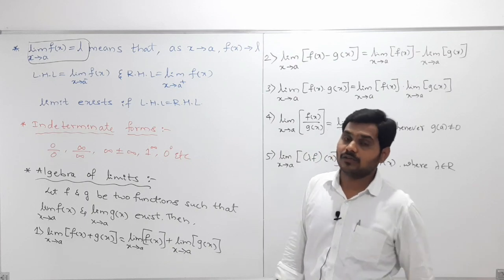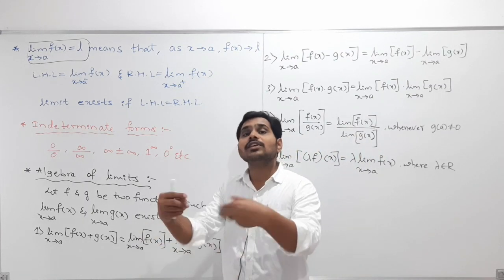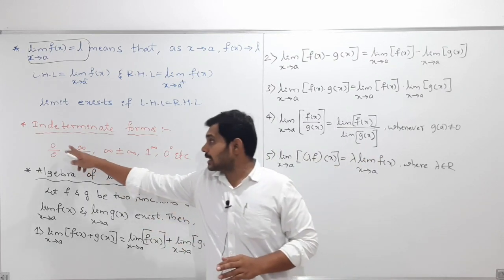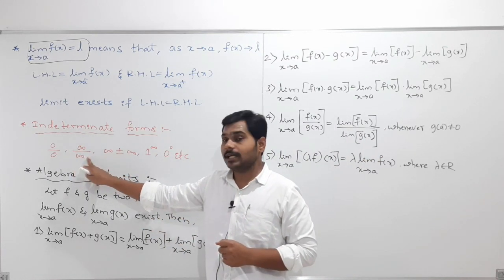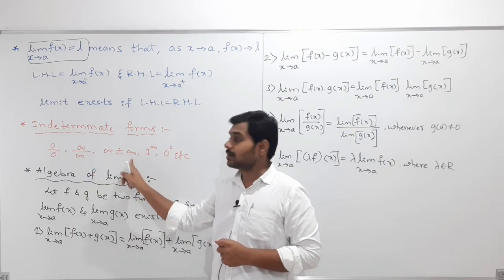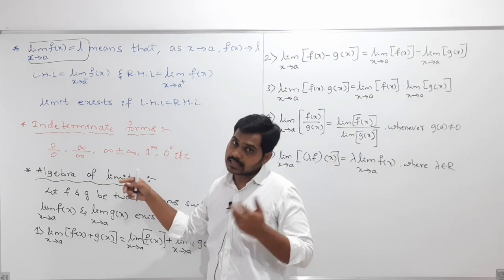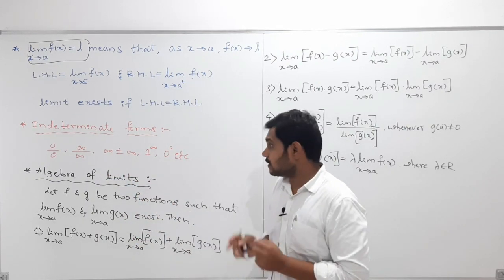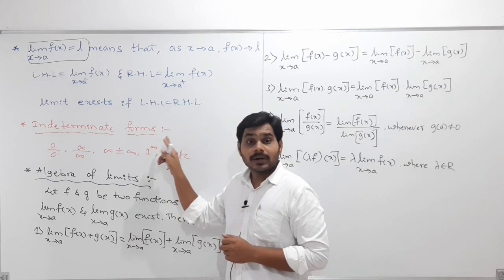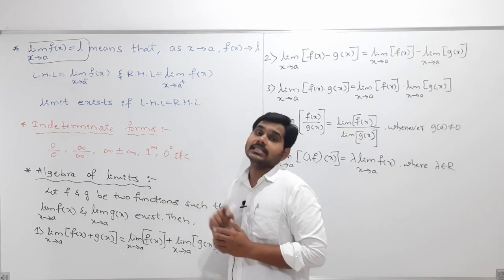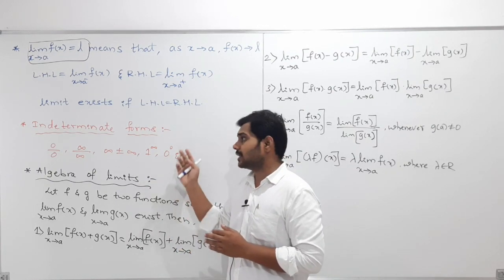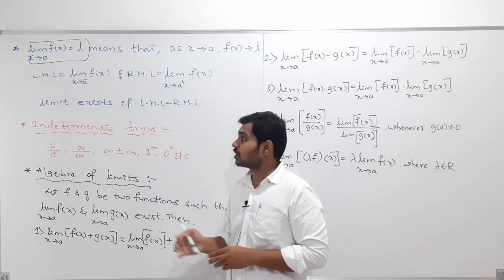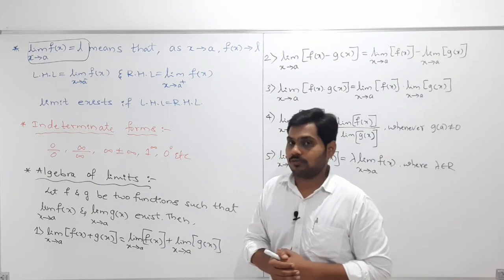Indeterminate form means forms whose values we cannot determine, say 0 by 0, infinity by infinity, infinity plus infinity, and infinity minus infinity are also indeterminate forms, and 1 to the power infinity, 0 to the power 0. Still some more indeterminate forms are there, but mainly we use these forms. So we call these indeterminate forms.